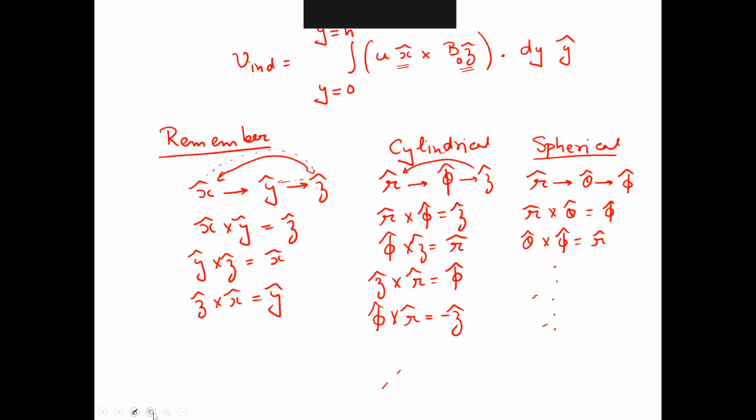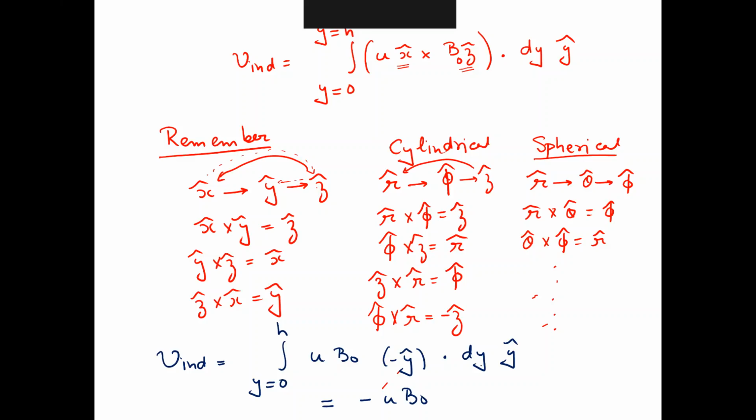So V induced is going to be the integral from 0 to X of u B dot constant, X cross Z is minus Y, dot dy of Y, and thus it just becomes minus u B, Y dot Y is 1. I go from 0 to H of dy, and I get the answer minus u B H.